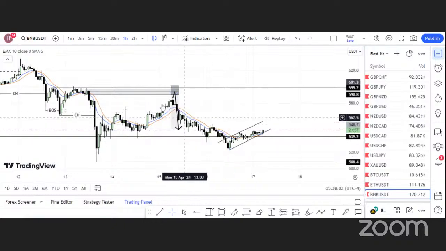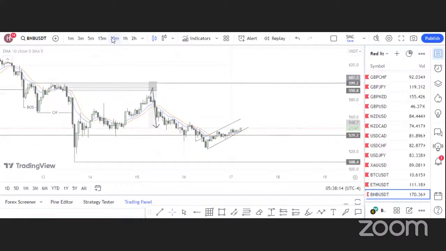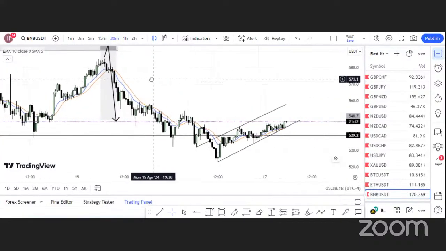If you want to analyze this market right now, you want to look at it from the point of view here, what is going on here currently. So now let's see. We already know that the structure is bearish.